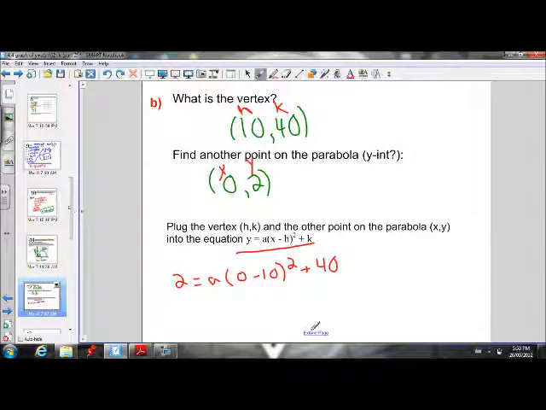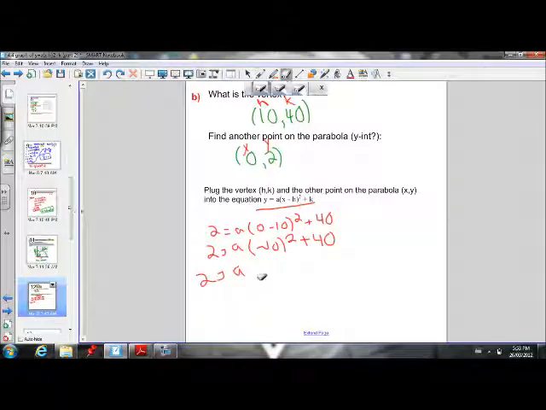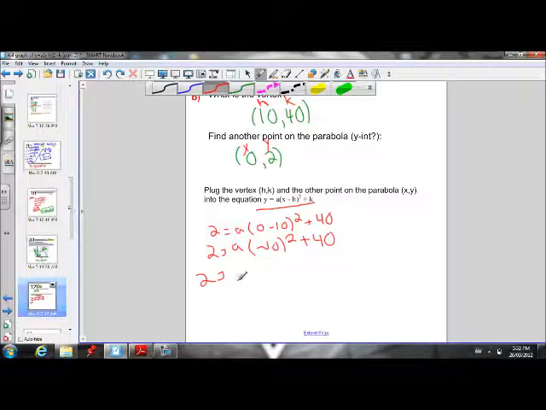If we go through and simplify this, we get 2 equals a times negative 10 squared plus 40. Negative 10 squared is 100. So a times 100 is 100a, so I'm just going to write it in that form. 100a plus 40.